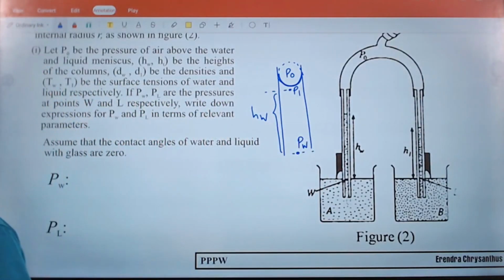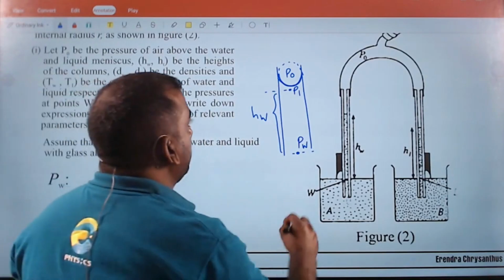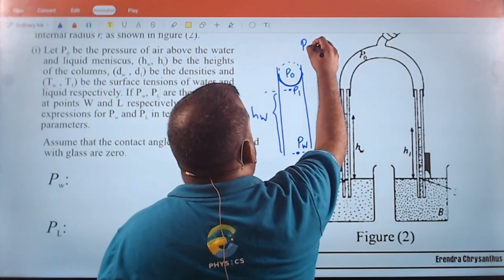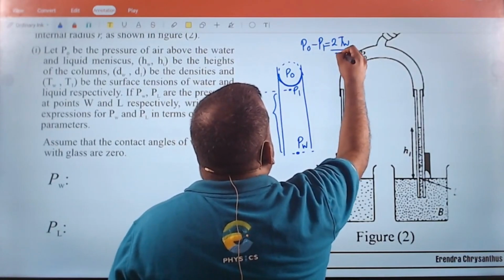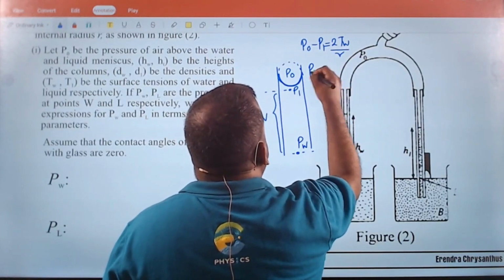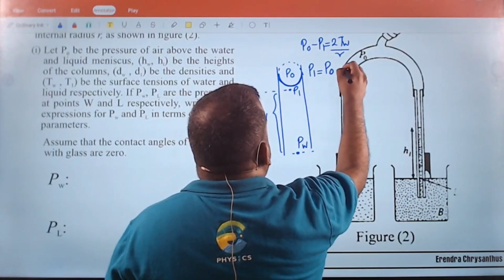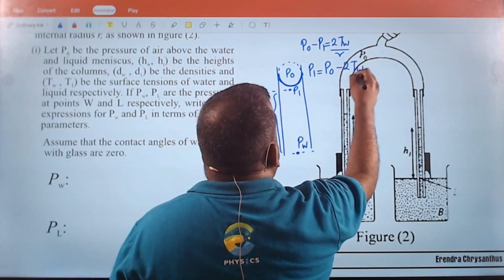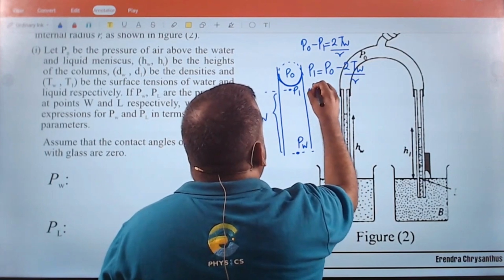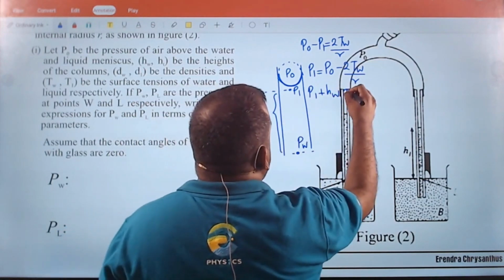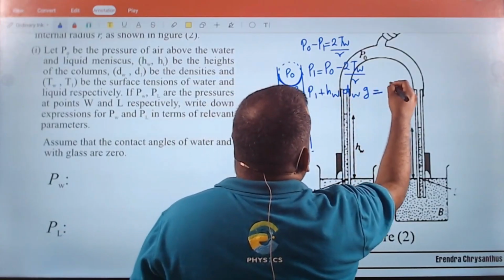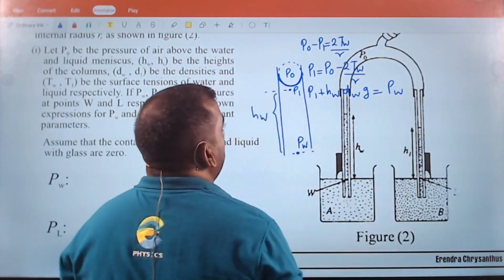So if I write this, there you go. P naught minus P1 equals 2TW over r. So P1 is P naught minus 2TW over r. P1 plus HW dW g is equal to the pressure at PW.